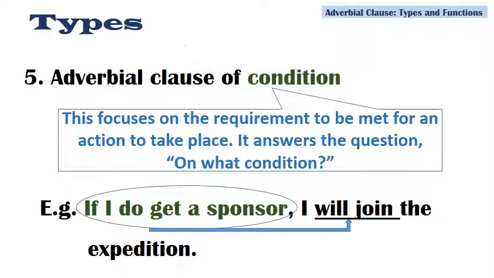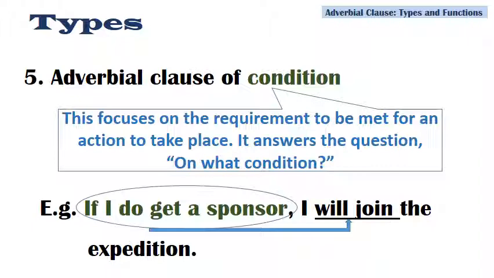The fifth type of the adverbial clause is that of condition. Condition focuses on requirements to be met before an action would take place, or a particular thing that must happen before another action takes place, as given in the sentence. So it answers the question on what condition.